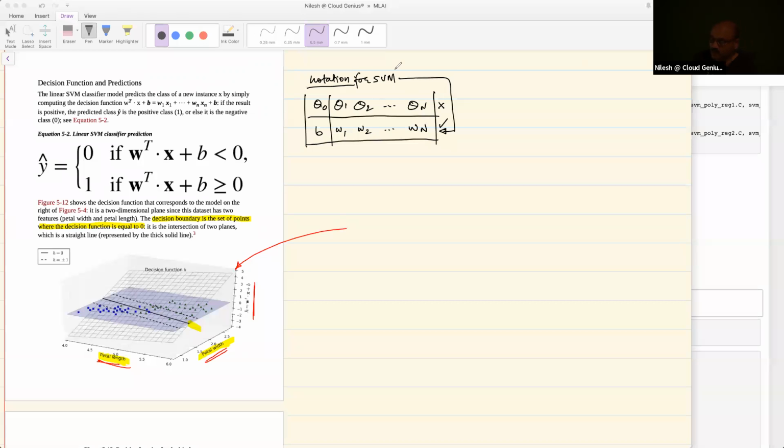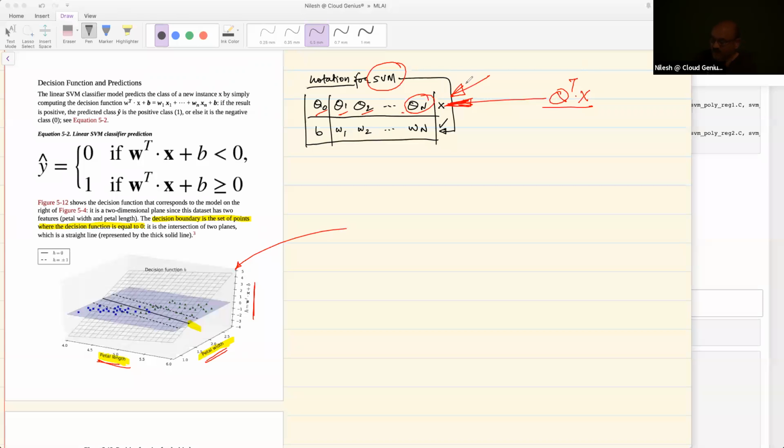So the notations that are used for support vector machines are slightly different by convention from other expressions that we have seen before. In earlier examples, like in linear regression, we just use theta 0, theta 1, theta 2, all the way to theta n, and then we had theta transpose x as the expression evaluation to indicate this vector.